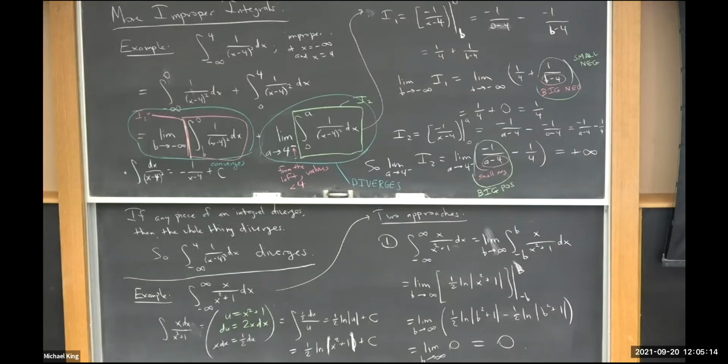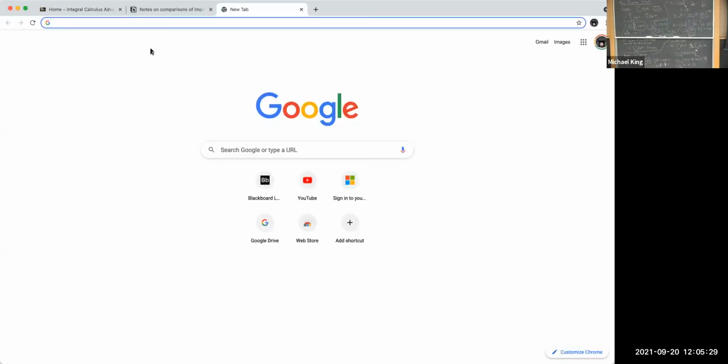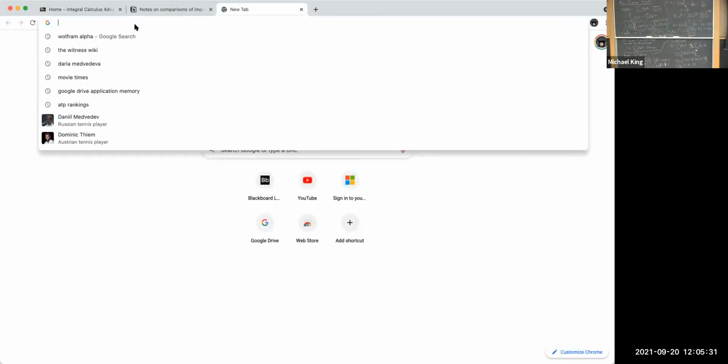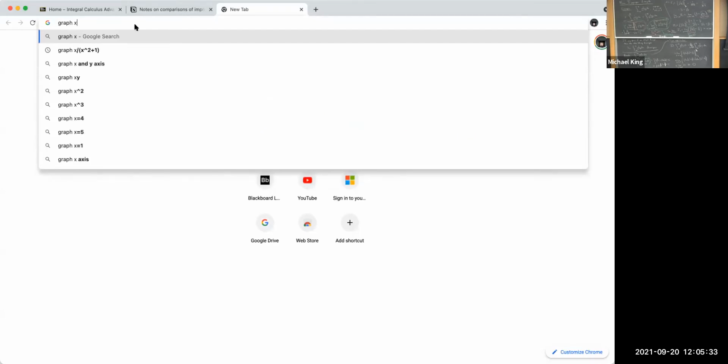And I think actually, if you look at the graph, I was trying to shoehorn this in at the very end of class last time and not doing a great job of it. If you look at the graph of x over x squared plus 1, you might actually believe this.